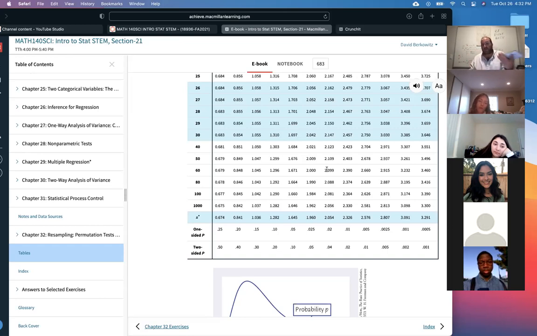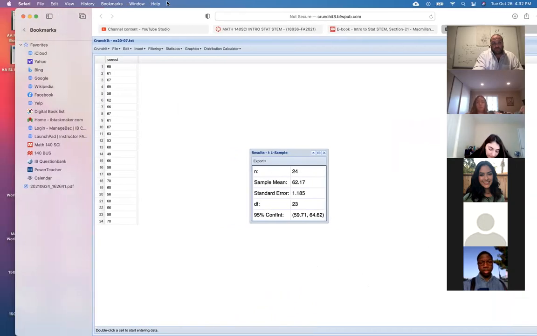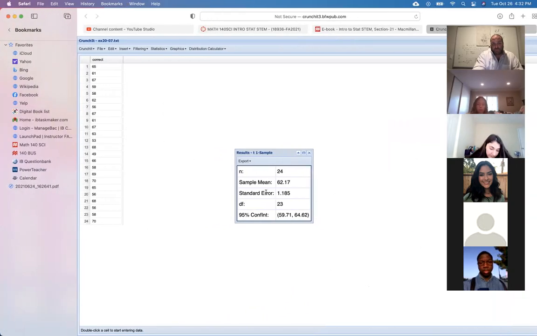In fact, let's do that right now on the TI-84. We did it on Crunch It, but let's now go to the TI-84 calculator. We're going to go back to Crunch It here, only because I don't want to have to input the lists into my calculator. So where do you think we go?